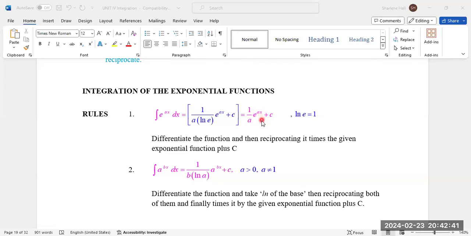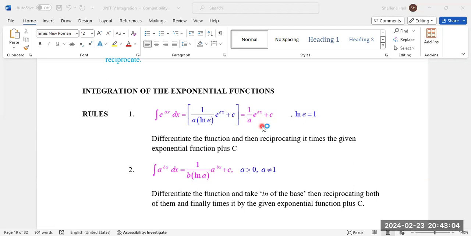What I'm going to do now is differentiate the power itself. When I differentiate ax, I get a. Then I'm going to reciprocate it, so I get 1 over a.